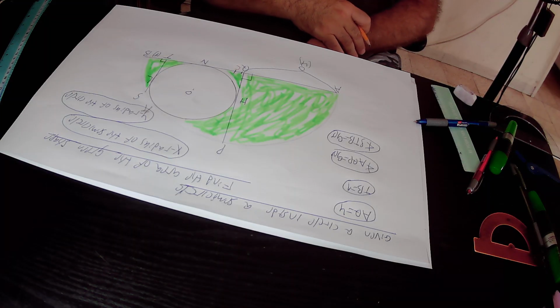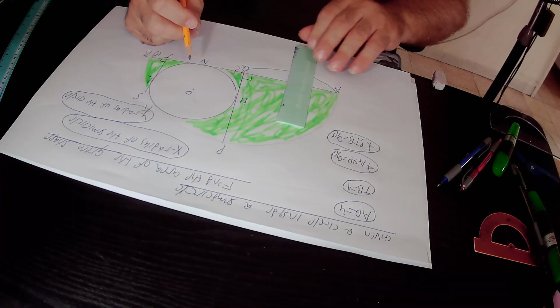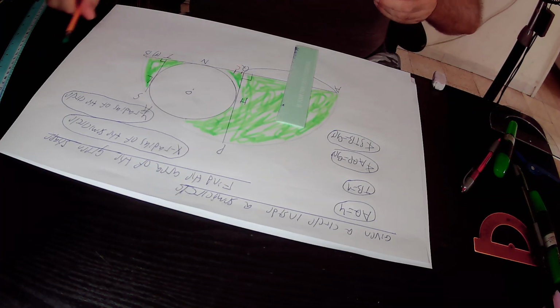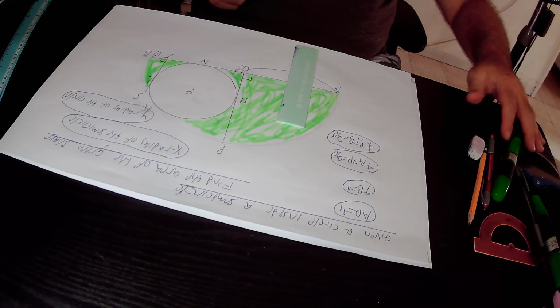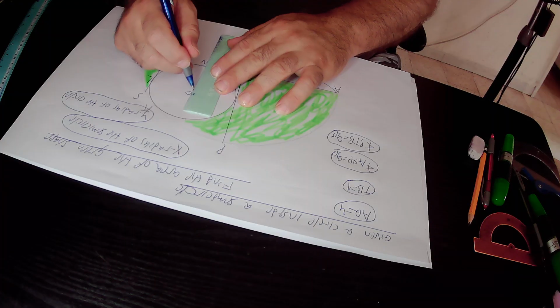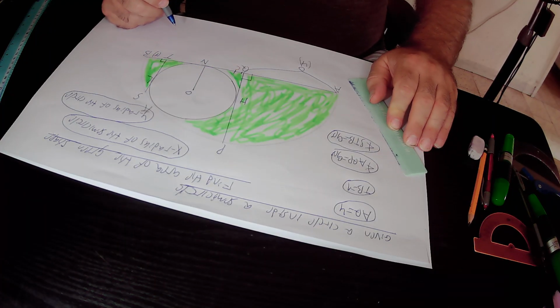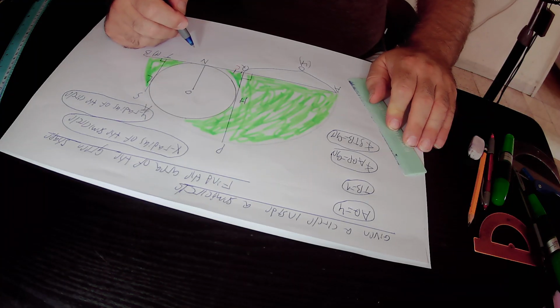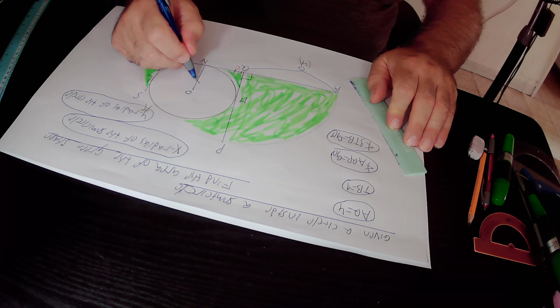In the next step, we will join points O and N together by a straight line. Point O is the center of the small circle, point N is a point on the small circle itself, therefore ON is the radius of this small circle, that is equal to y units according to our definition.